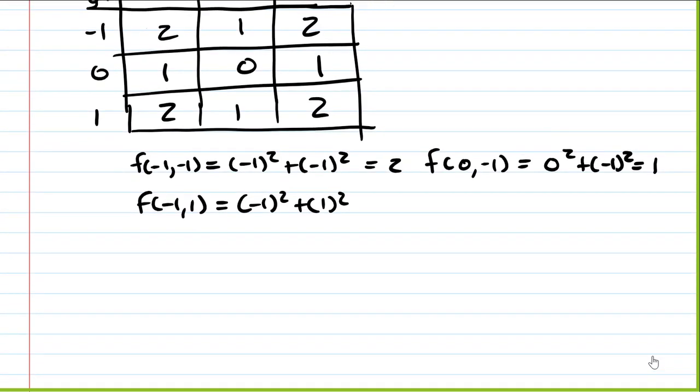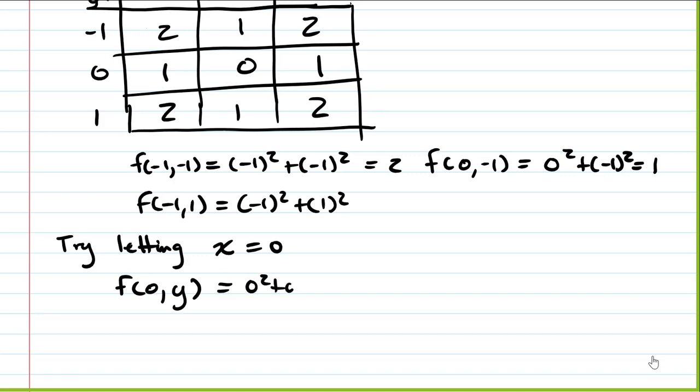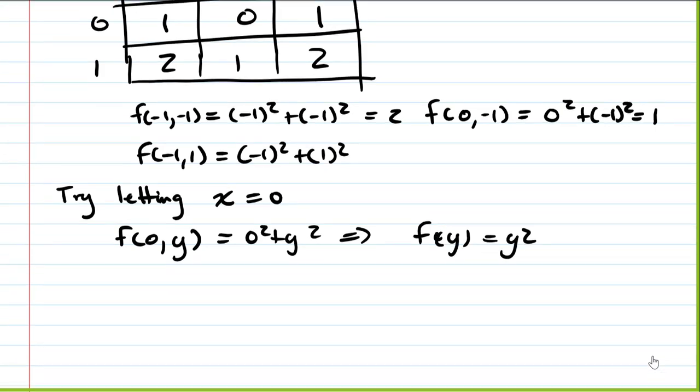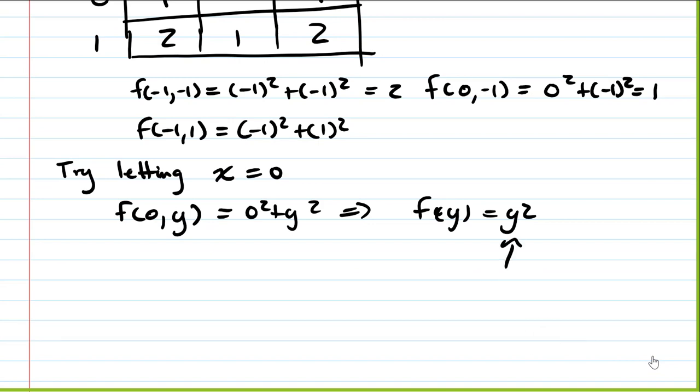So the first thing that we might want to do is, well, try letting x equal to 0. So if we do that, we would have the function f of 0, y, which would then be 0 squared plus y squared, which would give us another function, essentially, f of y equals y squared. Well, what that would tell us then, if we analyze this, we know it's a parabola.